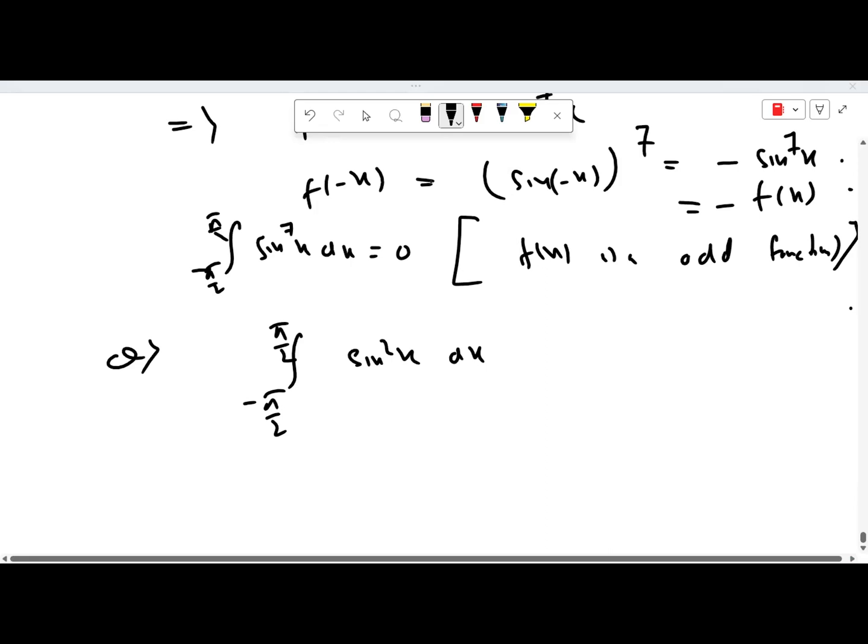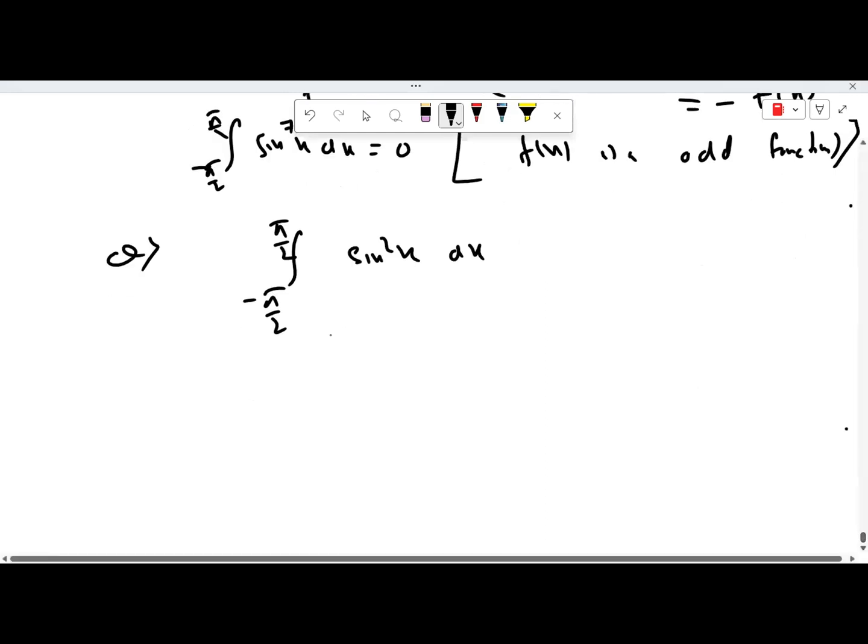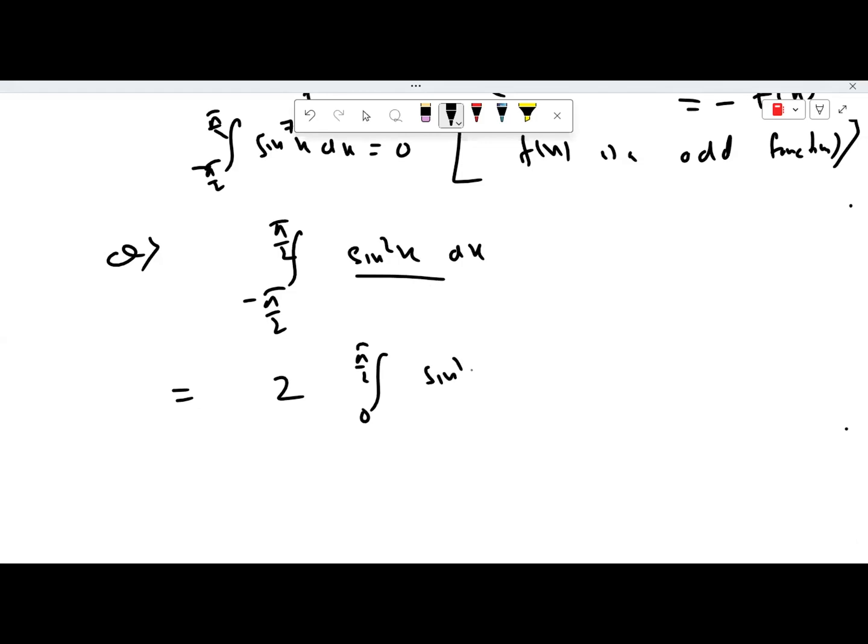Yes, Fadil, that is the correct answer. The answer is pi by 2. You can see this is an even function, right? So for an even function, we can write this is 2 times 0 to pi by 2 sine square x dx.